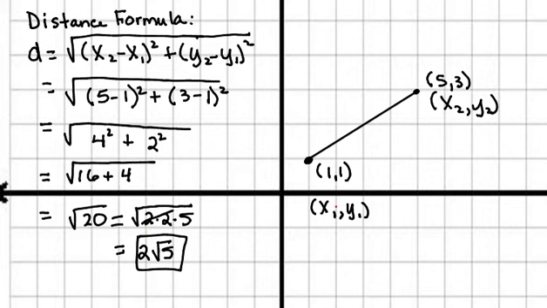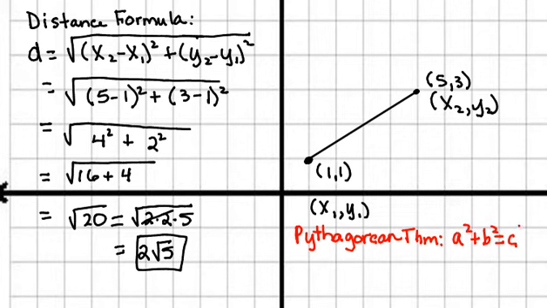Now, in order to use the Pythagorean theorem, what I can do is find the other 2 sides of my triangle. And we know with the Pythagorean theorem that a squared plus b squared equals c squared, where c is the hypotenuse.